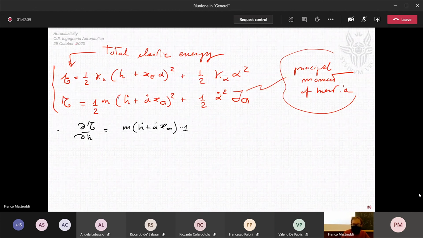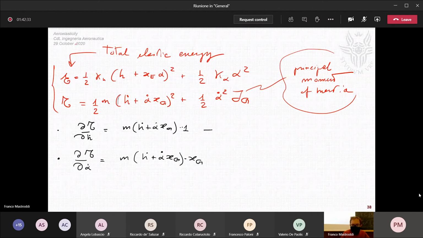And nothing here. Okay? The other derivative is the derivative of T with respect to alpha dot. And we have m, h dot again, plus alpha dot xg, but now I have by xg.